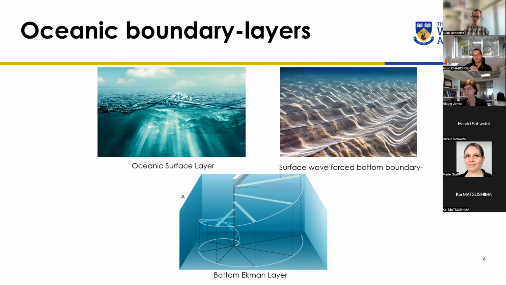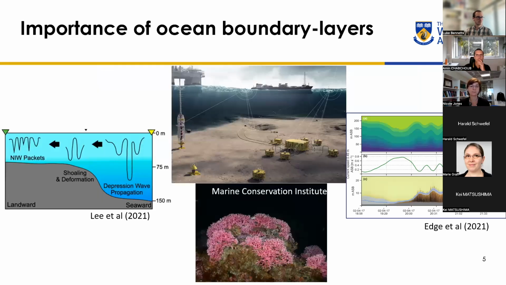So in the ocean, we have this wide range of different scales that we can be looking at or are of interest. And we also are often dealing with stratified fluids. So how these boundary layers interact with the stratified fluid above is a focus in this study.